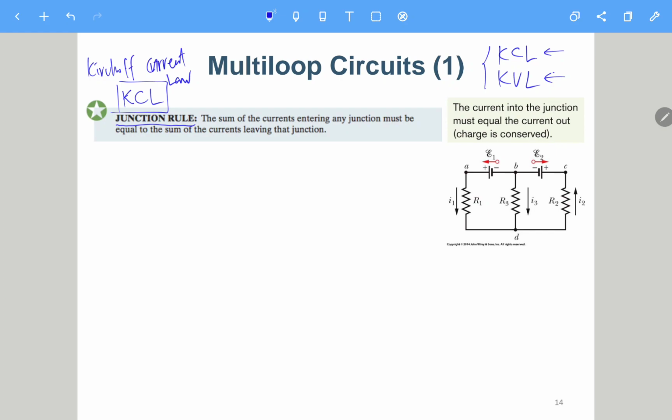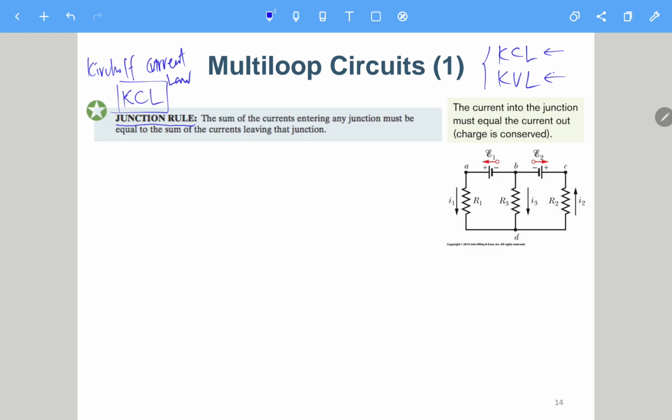For some circuits using KCL will be easier, for some using KVL will be easier. But when you try to use both together, usually you will have too many equations, and if you make some mistake and one of the equations is not correct, then you get the wrong answer.